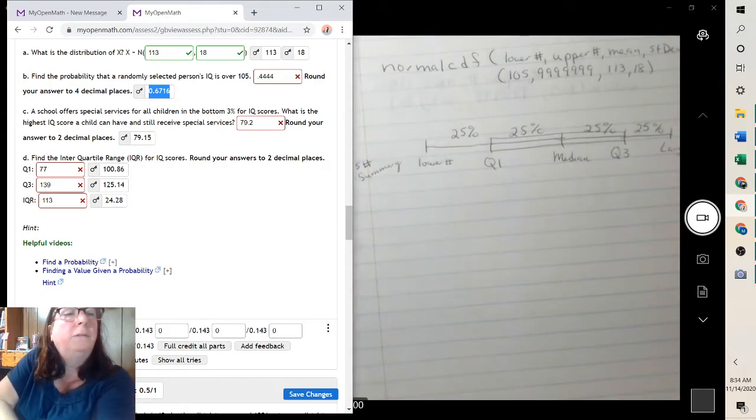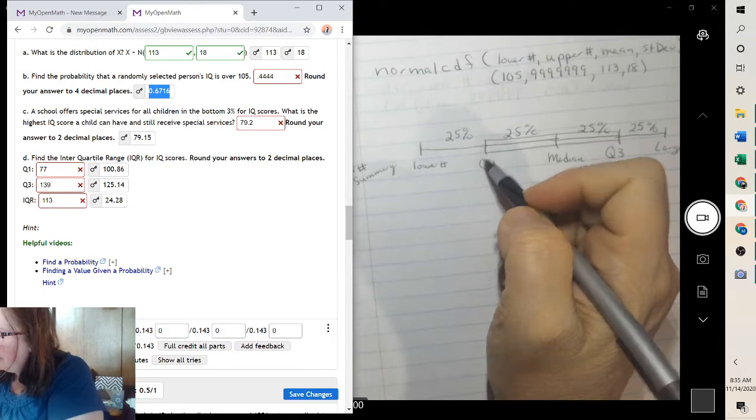So Q1, the first one, 25% of the data is below it.